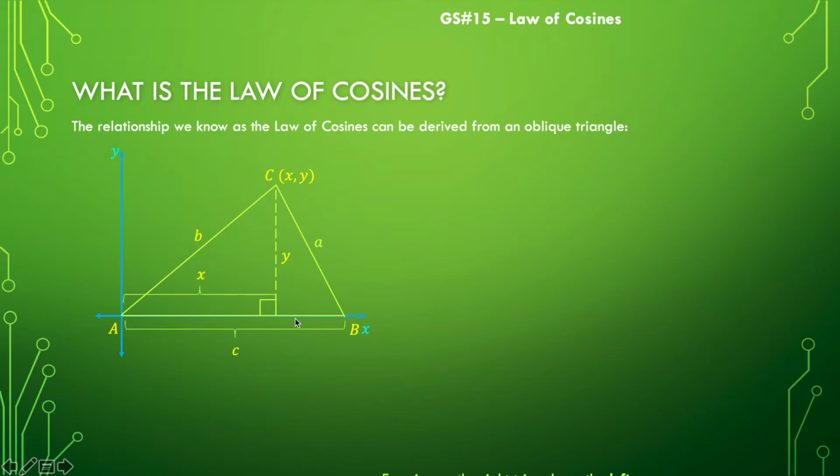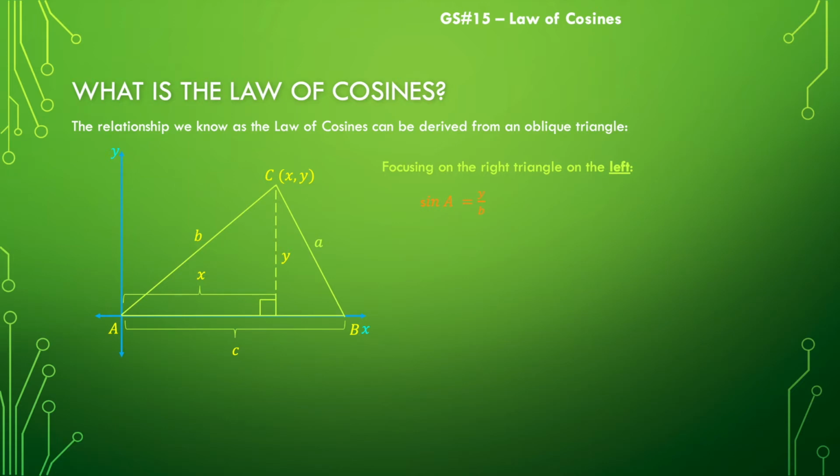So if we look at this left-hand triangle, we can say that the sine of angle A is the same as y over b. Okay, we agree that the opposite of our hypotenuse gives us y over b.